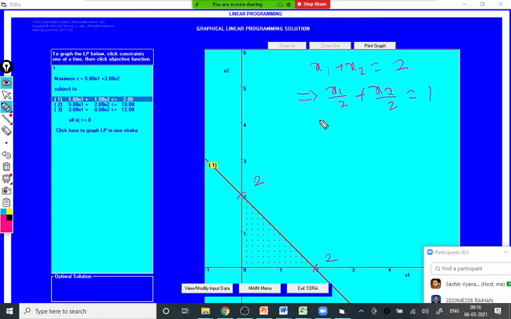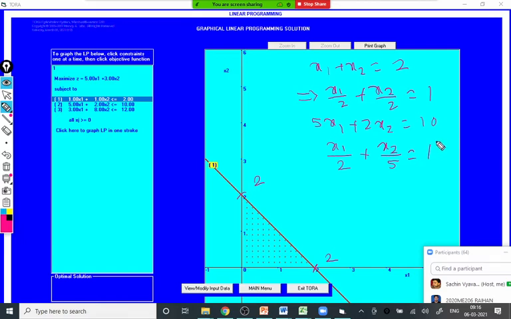The next line that we have is 5x1 plus 2x2 is equal to 10. If you go in the same way, you should divide it by 10. So x1 upon 10 by 5, which is 2, plus x2 upon 5 is equal to 1. Tell me, which points should this line pass through?